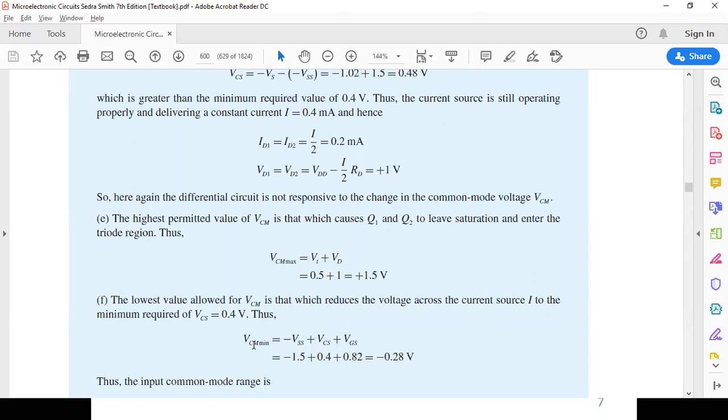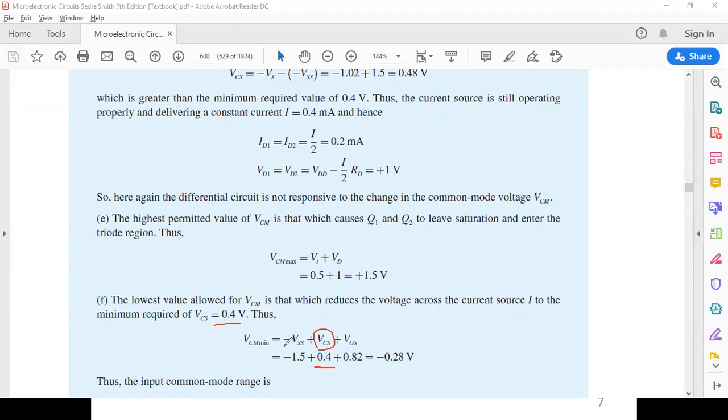And how about VCM minimum? Well, for VCM minimum, we have to find the voltage across the current source. Remember, because VCM minimum involves the current source, the voltage drop across the current source. In the example itself, it says that the minimum value of VCS, the current source voltage, is 0.4. So we're going to substitute this with 0.4.